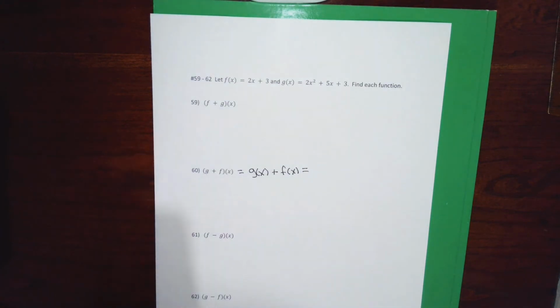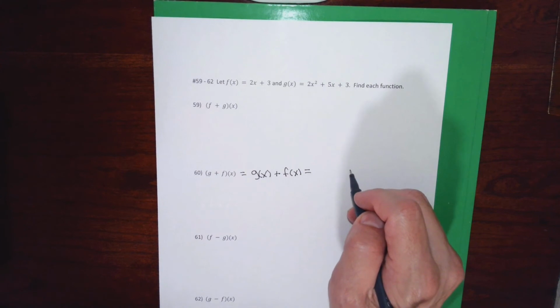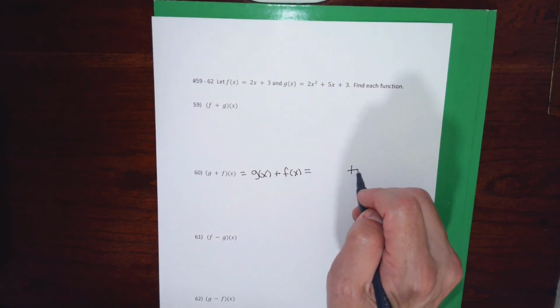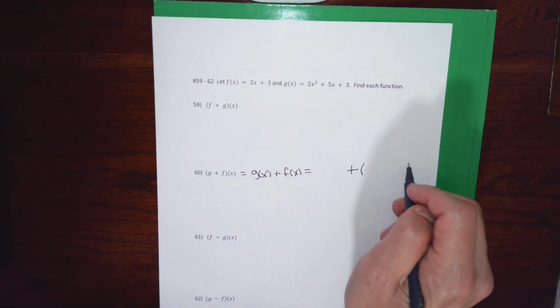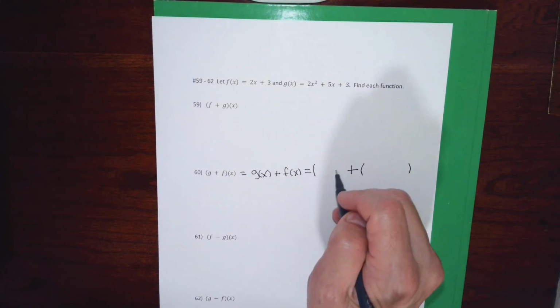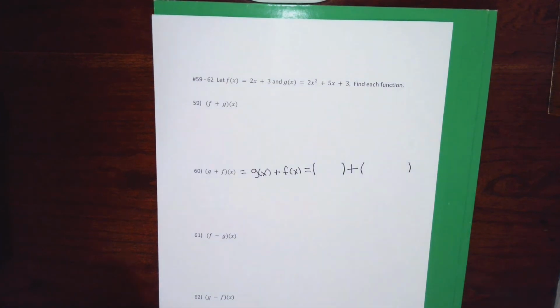So the quantity g plus f evaluated at x is the same as g evaluated at x plus f evaluated at x. To figure out this, I'm going to take the plus sign that's between the functions and put it between two parentheses.